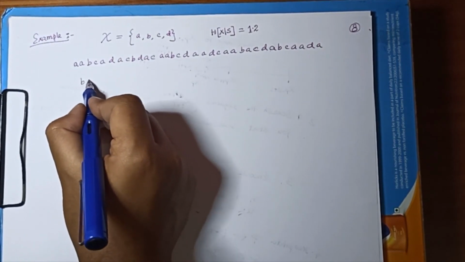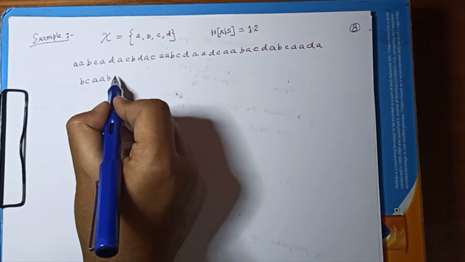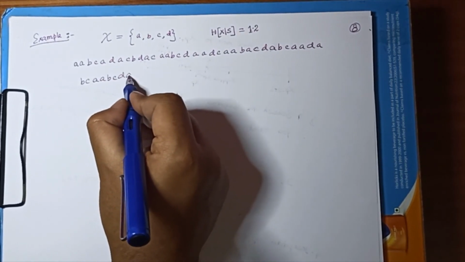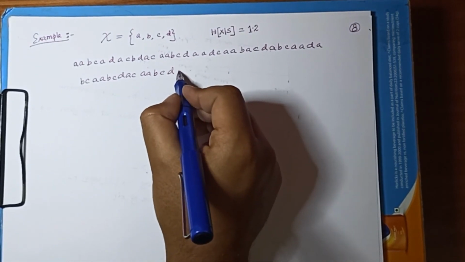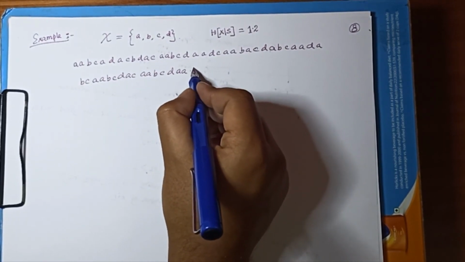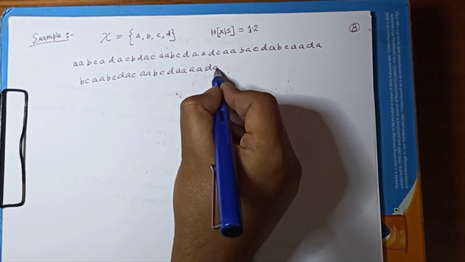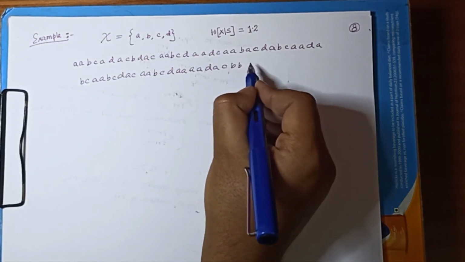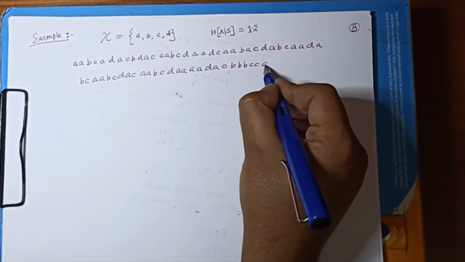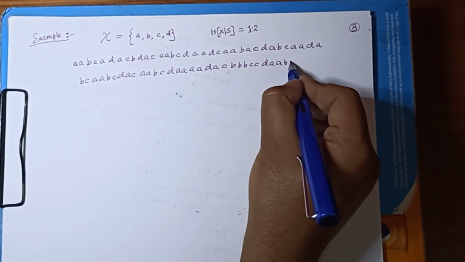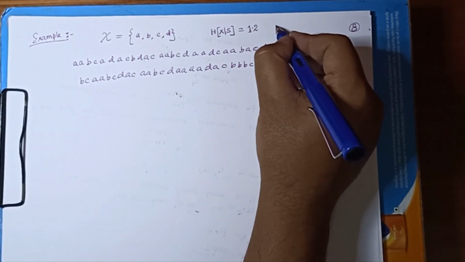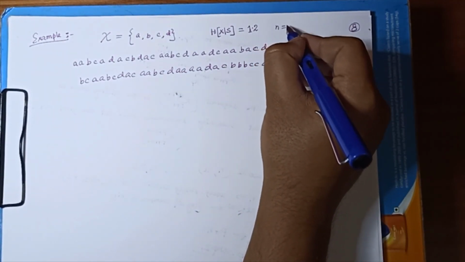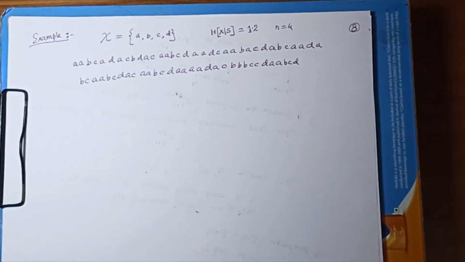So B, C, A, B, C, D, A, C, A, B, C, D, A, D, A, C, B, B, C, C, D, A, B, C, D, etc. Suppose this is the thing, and let us assume that n is equal to, say, typically 4. Okay, it can be 3, it can be 5, etc., but typically 4.